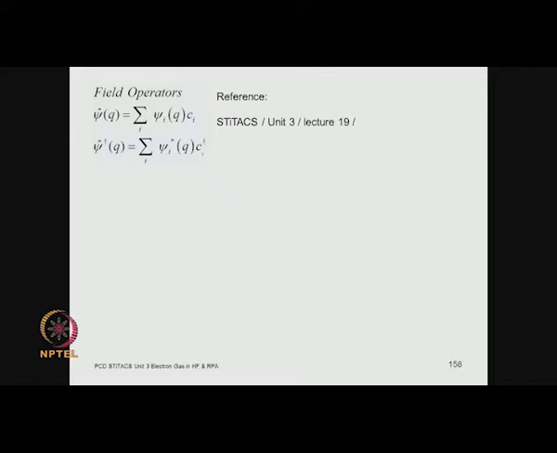You have the quantum field operators psi and psi dagger. These are expressed in terms of the electron creation and destruction operators, which we introduced in an earlier class.